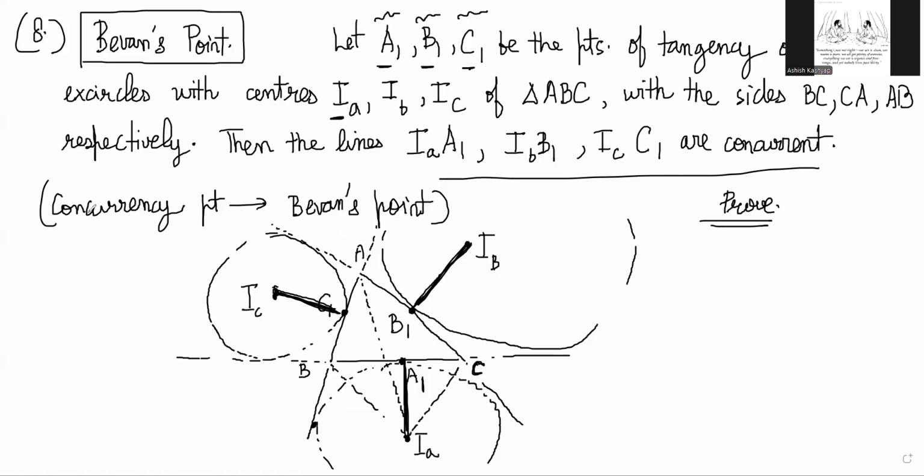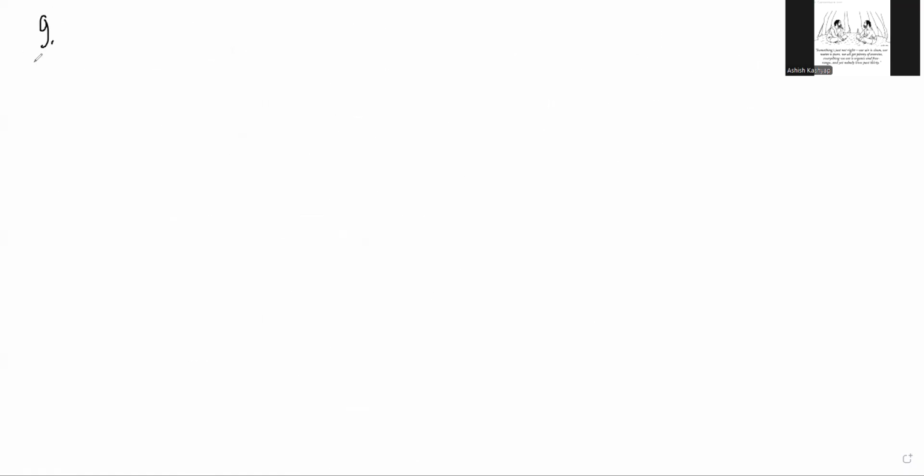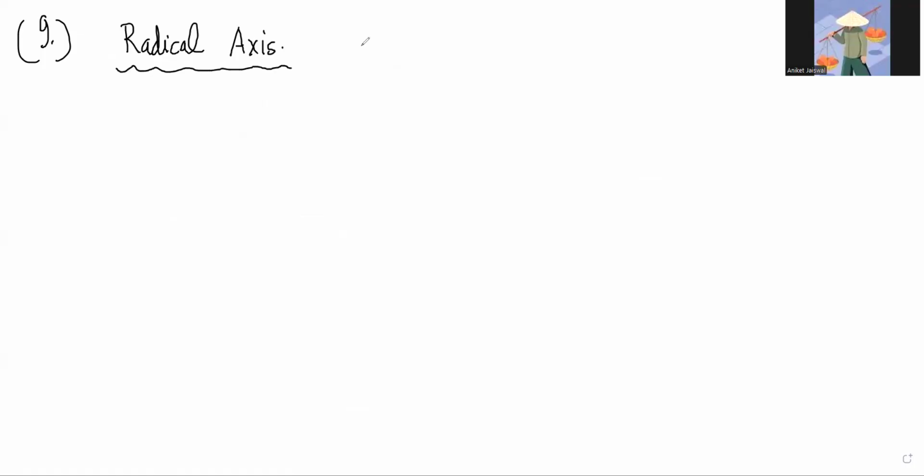Okay, so this is one thing, and another thing is point number 9, which is radical axis. You might have heard of this somewhere. Yes, heard, sir. I will tell you the definition.